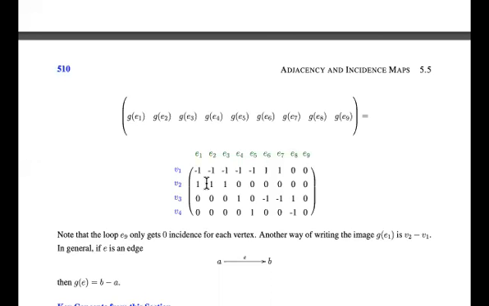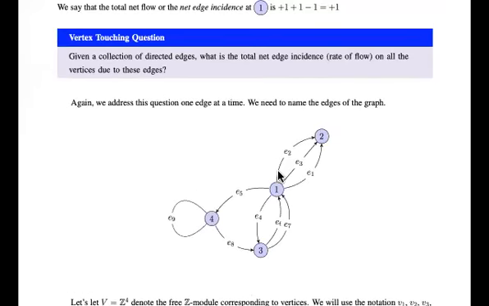So the image of a single edge always has just a 1 and a -1 and the rest zeros, denoting what the edge is doing, where the edge comes from and where it's going to. So edge 1 goes from V1 to V2, vertex 1 to vertex 2. And the same thing for E3 and E2.